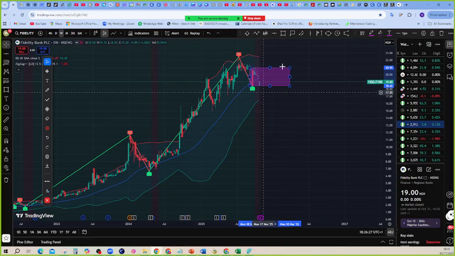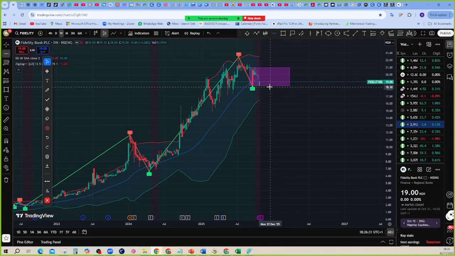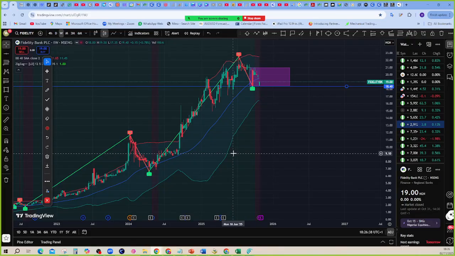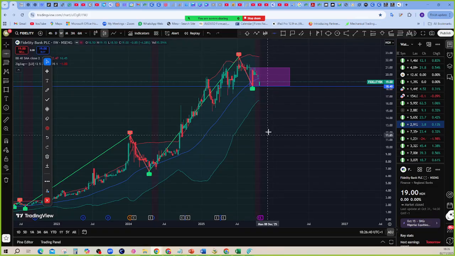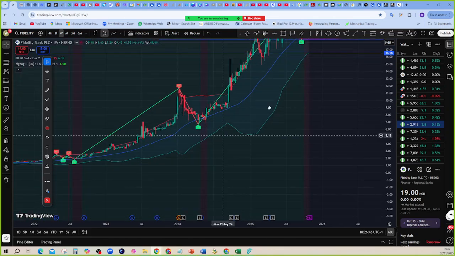If you can get Fidelity anything below this price this week, below 18 naira or thereabout, the best entry for this stock is actually going to be the tip of this Bollinger Band here.